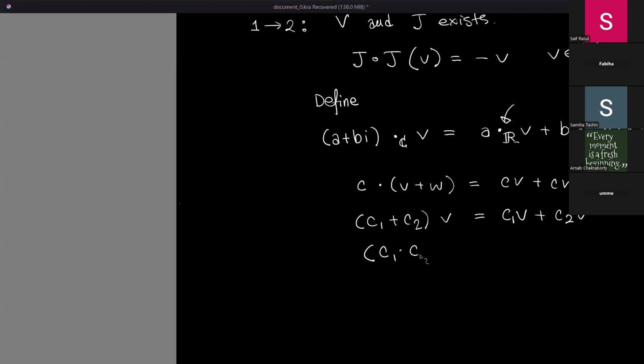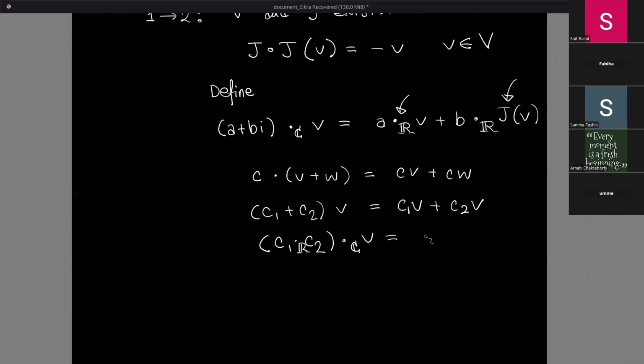So c1 dot c2, so this should be an R, into v, this one will be complex. So then that's equal to c1, complex, into c2v, where c2v is the vector that we get as a result of scalar multiplication.